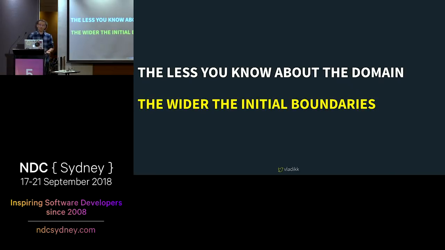The less you know about the business domains, the wider the initial boundaries are. So for more complex domains, start with bigger boundaries. But for simpler ones, like supporting domains or generic domains, we start decomposing a bit earlier.